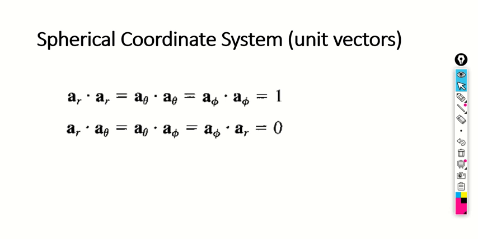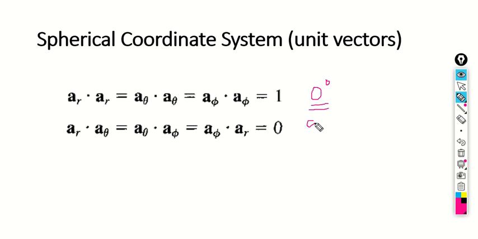So as previous, AR dot AR, A theta dot A theta, A phi dot A phi will be equal to 1. Similarly, if I take the reverse, AR dot A theta dot A phi, that will be equal to 0, as angle between these two will be equal to 90 degrees. In the first case, the angle is 0. Here theta is 0. So if theta is 0, cos 0 exists.